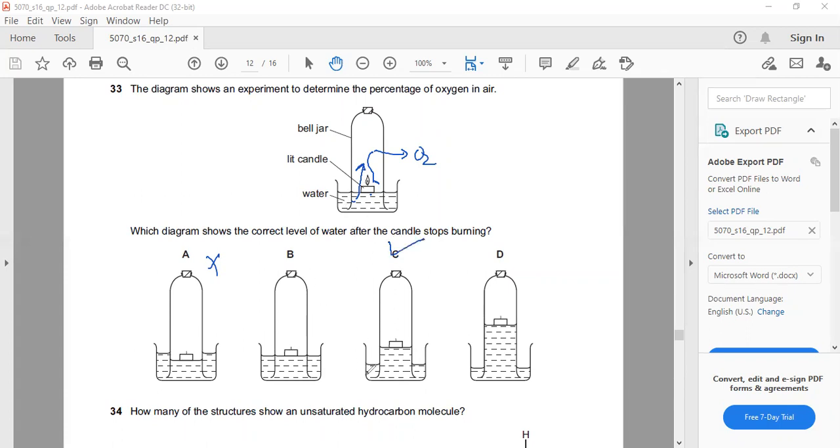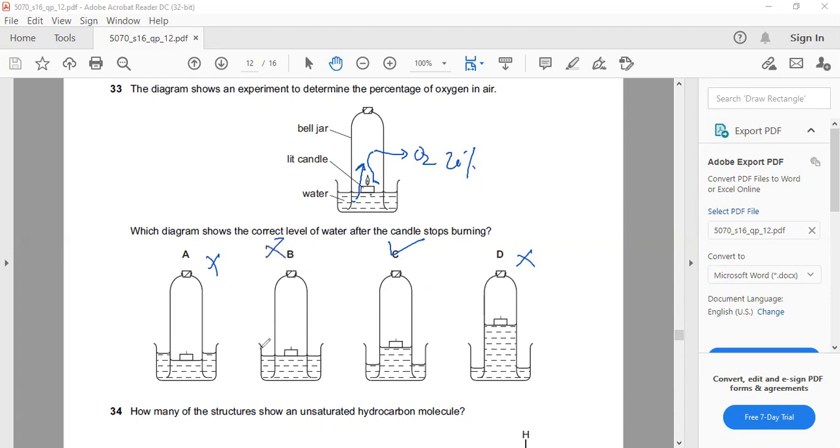C is correct because oxygen is used up, so the water level inside increases, and it's only about 20% increase. D is wrong because it shows too much, more than a 50% increase. Oxygen is only roughly 20% by volume, which is why C is correct.